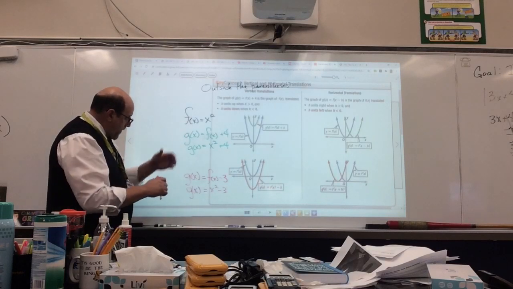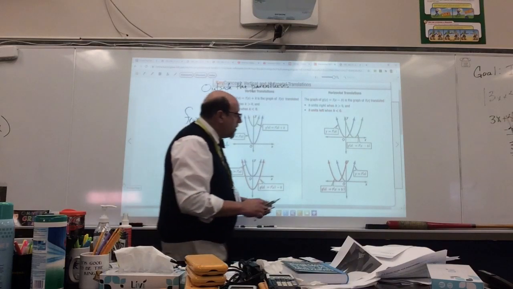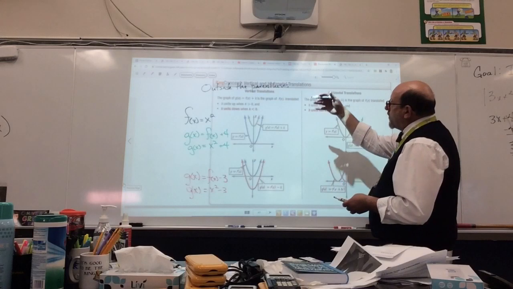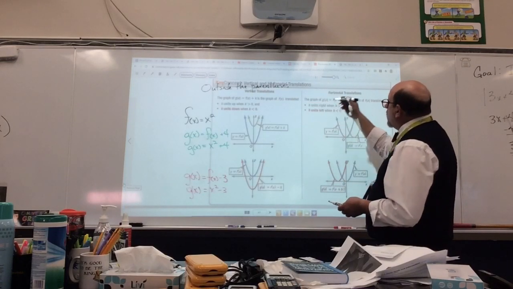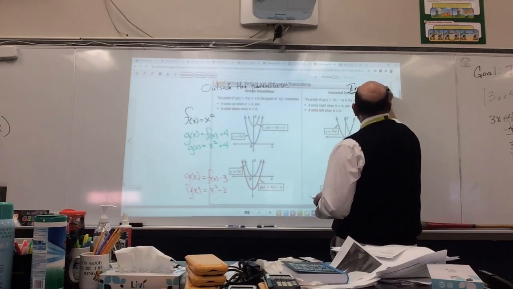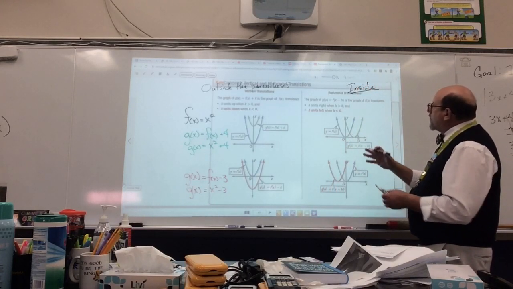Now I'm going to move over here and talk about horizontal translations. Well, if the addition or subtraction was outside the parentheses for vertical, we're going to talk about something that's happening inside the parentheses. So inside the parentheses, we have some subtraction here.